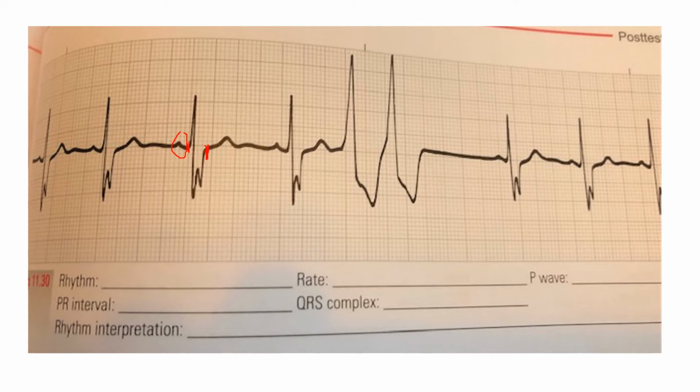So you have a bundle branch block, and you also have these PVCs. They look the same and they're in a couplet, so we know that they came from the same area of the heart because they look the same. So they are called unifocal. So this is a sinus rhythm with a bundle branch block with paired PVCs, or a couplet.